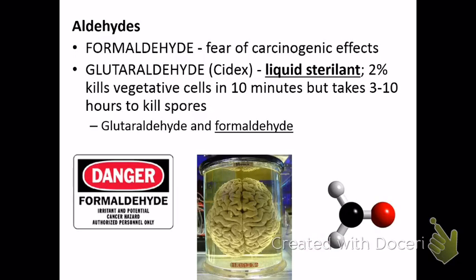Okay, the next one on your list is aldehydes. And so we're talking formaldehyde and glutaraldehyde. Formaldehyde used to be used, it's not anymore because of carcinogenic fears, but it used to be used to preserve specimens used in high school and college science labs.